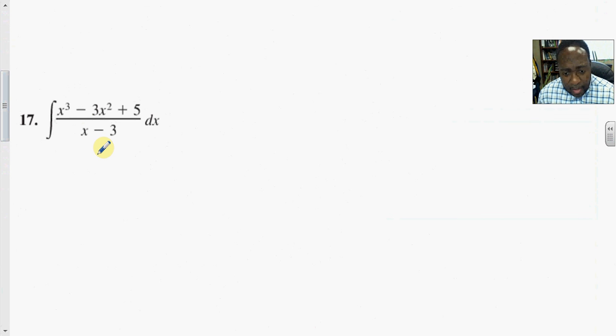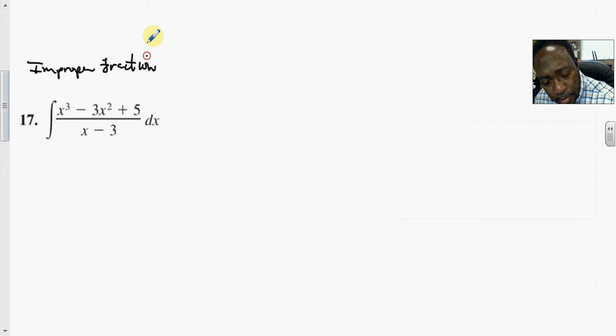What is an improper fraction? An improper fraction is where the power of the numerator is greater than or equal to the power, or the degree, of the denominator. So if it's an improper fraction, you want to divide.